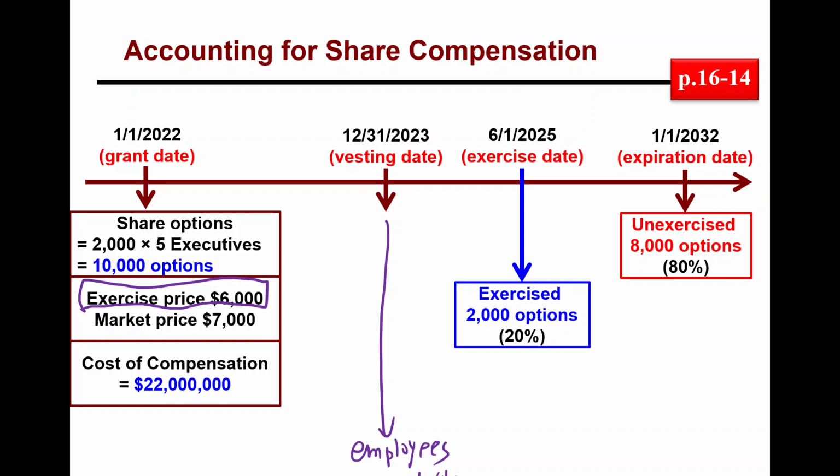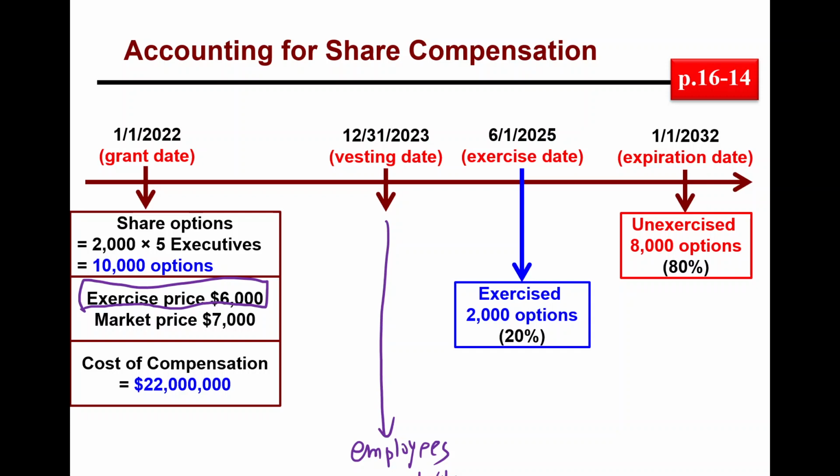After the vesting date, you find that 20% want to exercise it, and 80% decide to give up the right. Based on this, this is all the information we got.